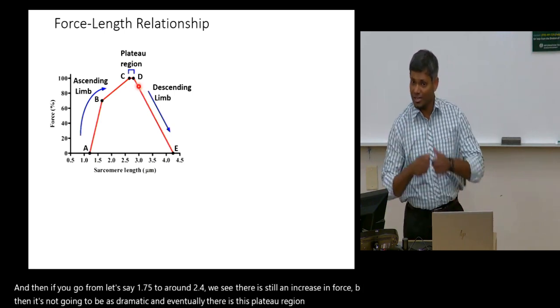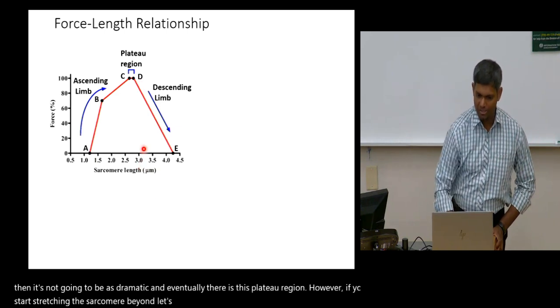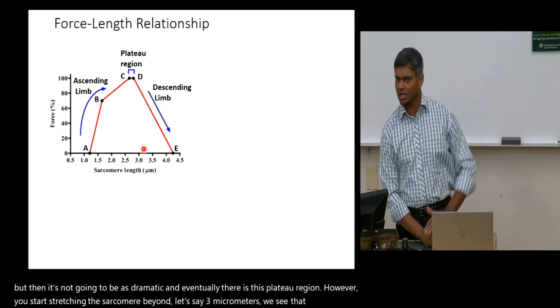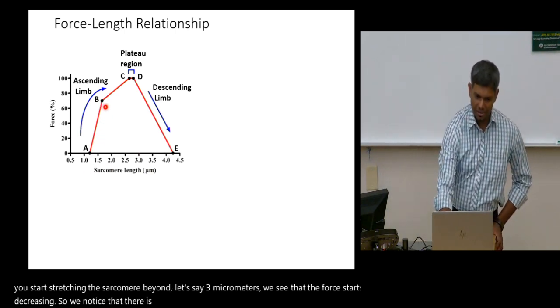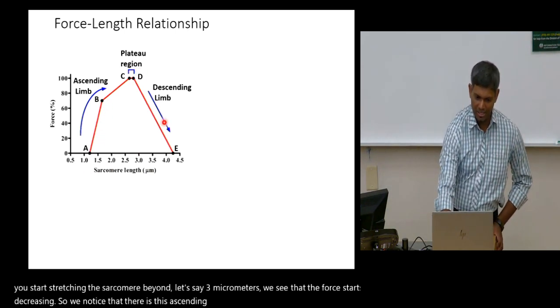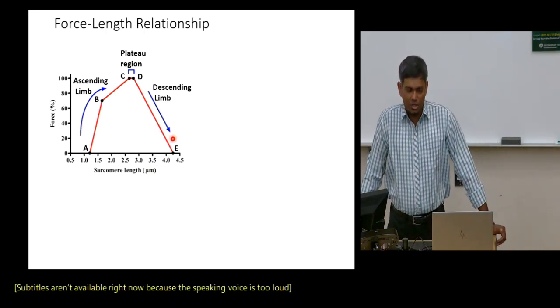However, if you start stretching the sarcomere beyond, let's say, 3 micrometers, we see that the force starts decreasing. So we notice that there is this ascending limb, plateau region, and then a descending limb as far as the force length relationship is concerned.